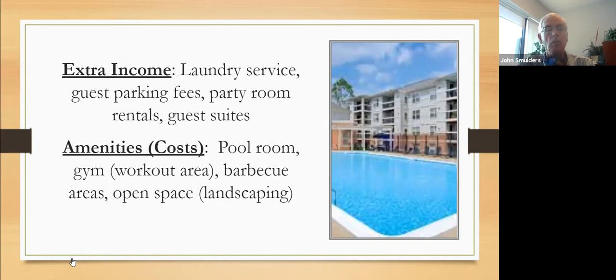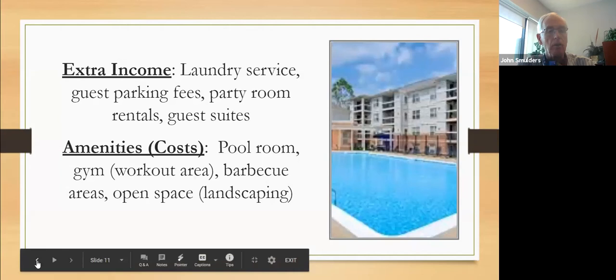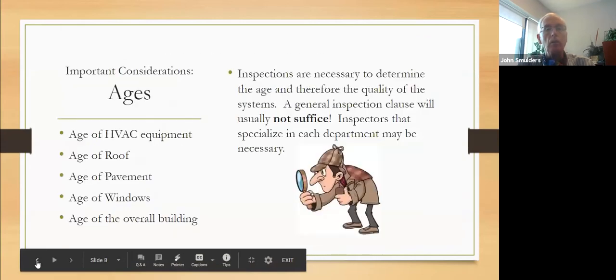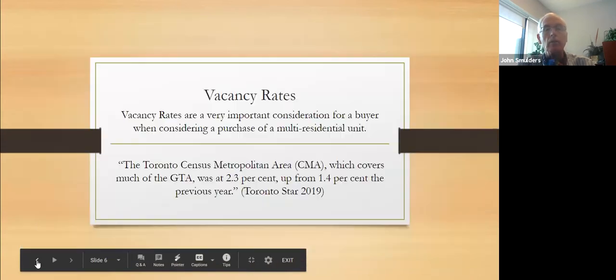And also the one extra thing I want to talk about here, and I should just go back for a moment to vacancy rates. The thing about the vacancy rates, of course, is how long have some people been in there?